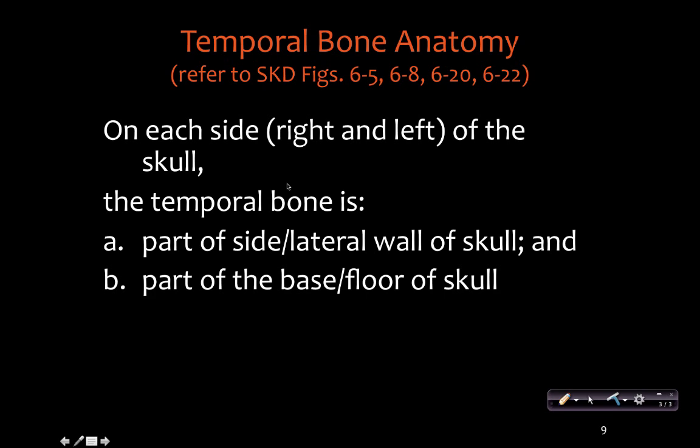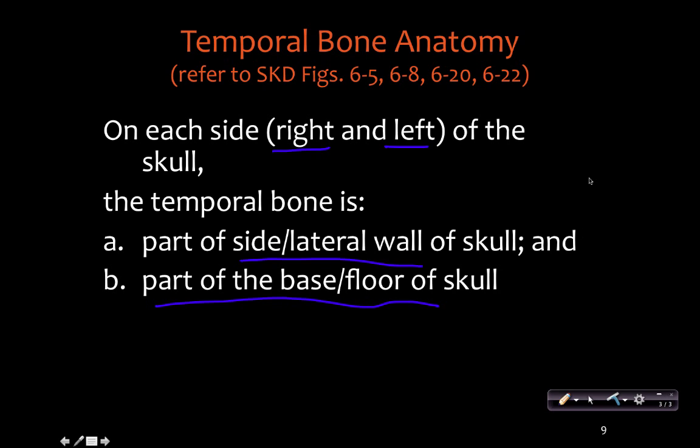So the temporal bone, we've actually got two of them. We have one on the right side, one on the left side. They're mirror images of each other. When we look at either one of them, we can see that the temporal bone forms part of the lateral wall of the skull. We see that on the lateral view, like those left lateral views. And coming off of it at a 90-degree angle is part of the base or the floor of the skull.